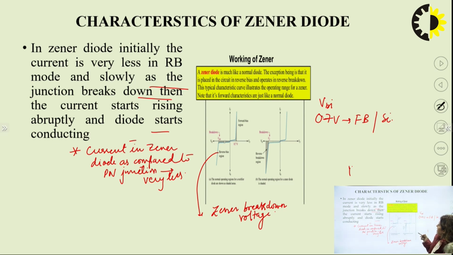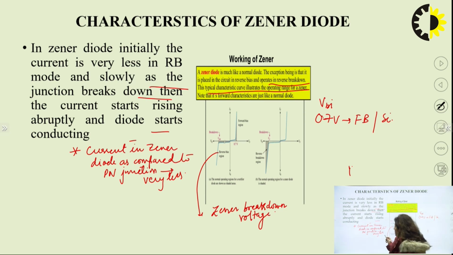A Zener diode is much like a normal diode, the exception being that it is placed in the circuit in reverse bias and it operates in reverse breakdown. So this typical characteristic curve illustrates the operating range for a Zener breakdown. The range of operation in the case of the Zener diode as compared to a normal diode is much higher, as you can see.